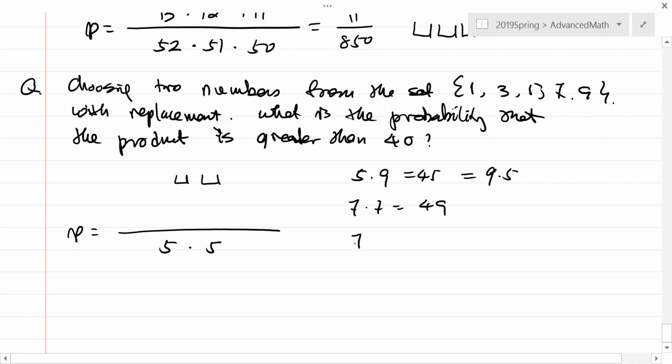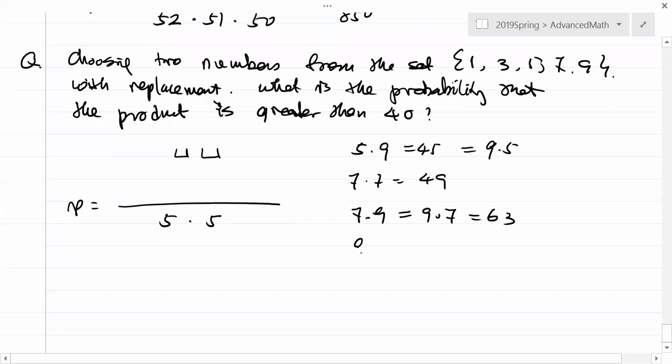Another possible way is 7 times 9, which is 9 times 7, 63. And what else? Also 9 times 9, which is 81. So those are all greater than 40. So the total is 1, 2, 3, 4, 5, 6. So 6, not 20.